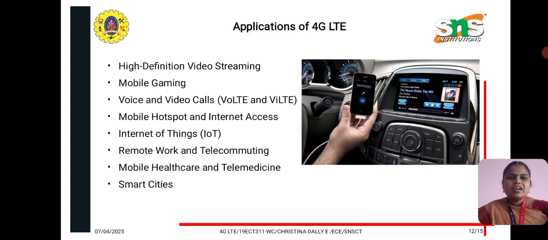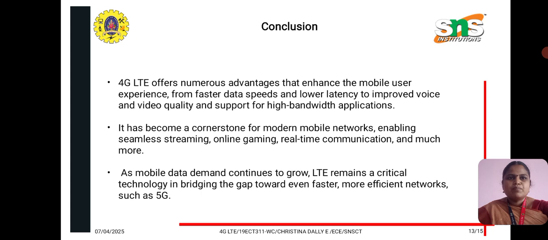If we are at home, the food will be delivered by using the corresponding app. Mobile gaming is also possible. If we are traveling in a car, it is easily connected to the mobile network and we can easily locate where we are moving. It is also used for telemedicine and in smart cities.